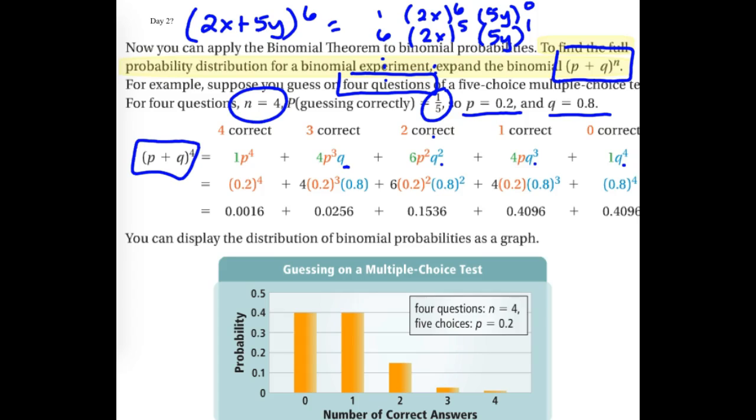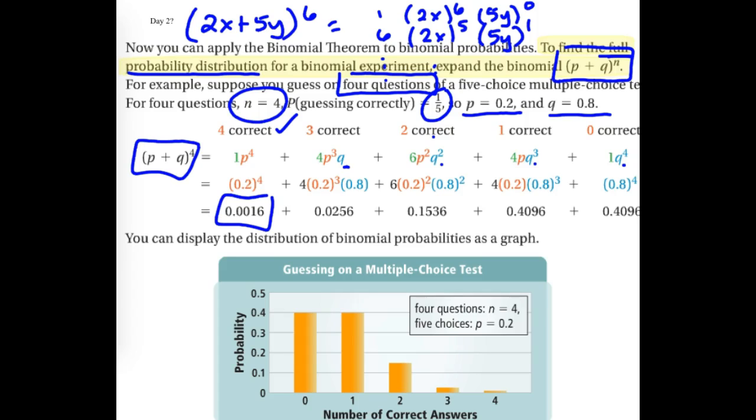When you do that expansion, you are finding the complete or full probability distribution. You're finding all possibilities. So what is the possibility that I guess and I get all 4 questions right? Well, that came out to be this: 0.16%. So it's a 4-question test. There's 5 choices to pick from for each question. If I completely guess on all 4 questions, I have a probability of less than 1% of getting them all right.